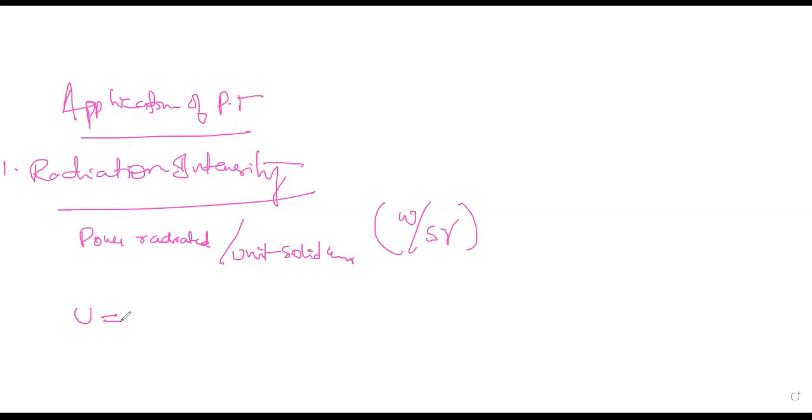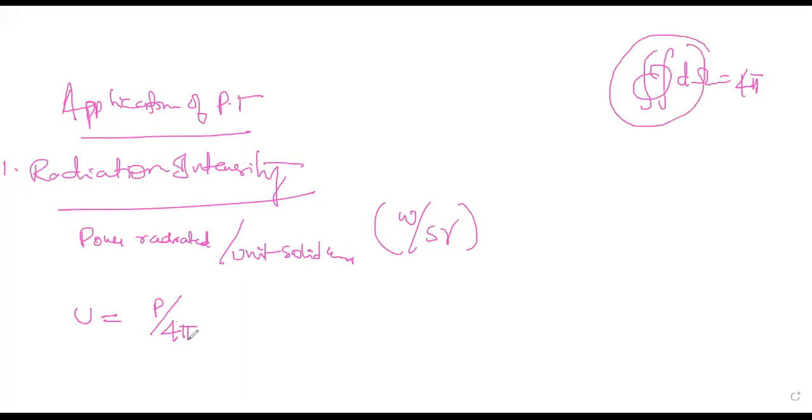Radiation intensity is always represented as U. And power per unit solid angle is nothing but divided by 4 pi. This 4 pi, again, don't get confused: the double integral of d omega gives 4 pi. So here the solid angle is over the surface of a sphere, which is 4 pi.